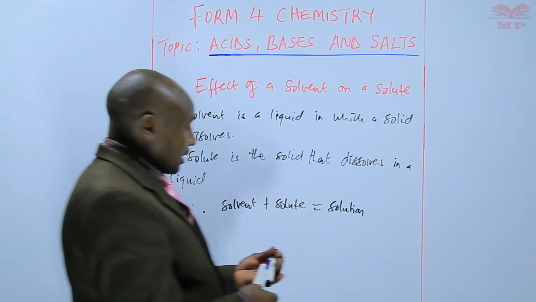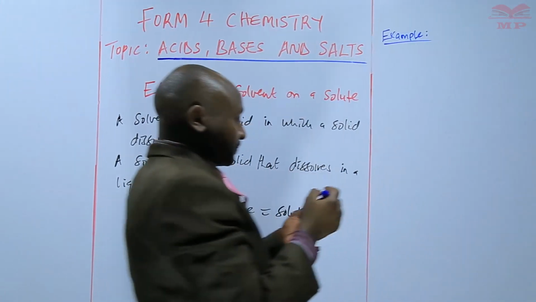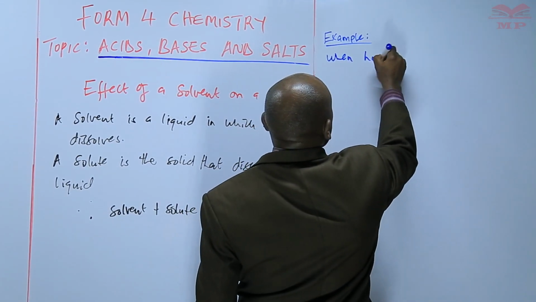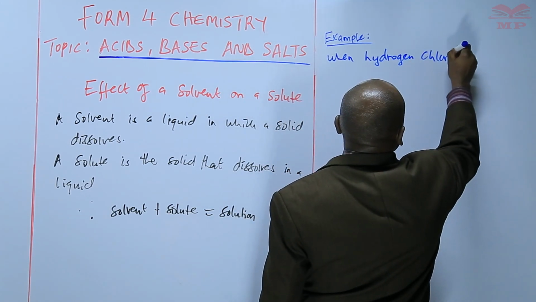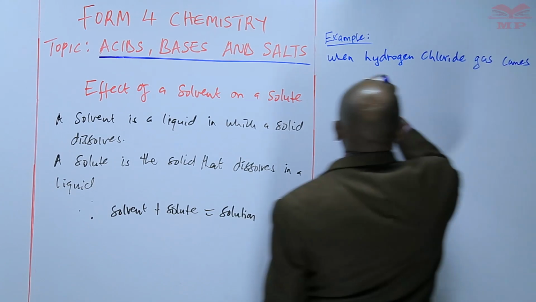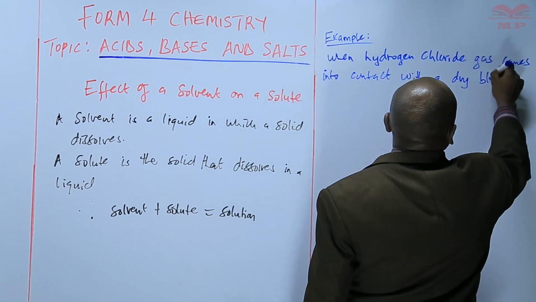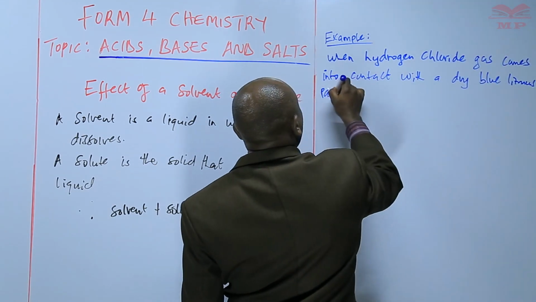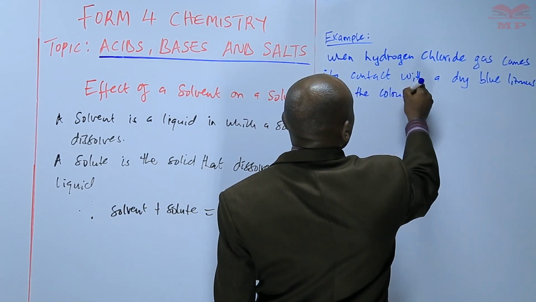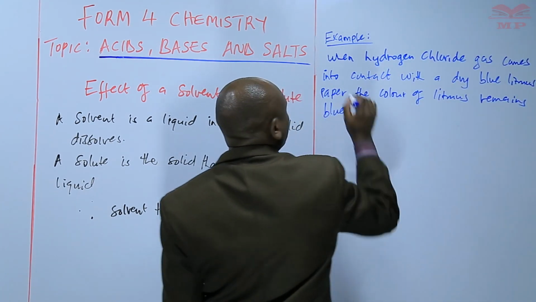An example is that when hydrogen chloride gas comes into contact with a dry blue litmus paper, the color of the litmus remains blue. So that is one example.